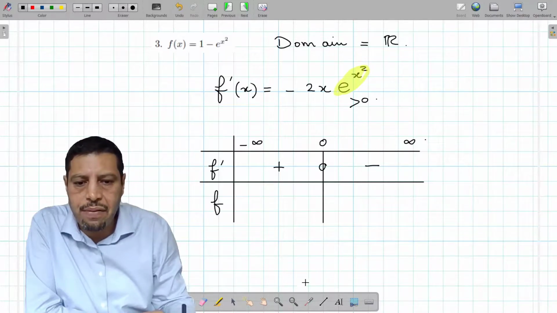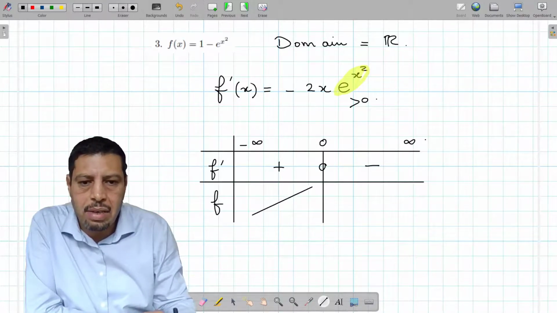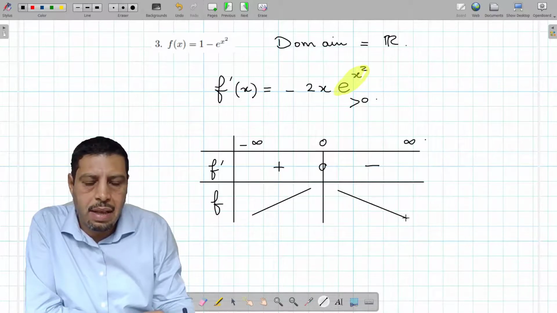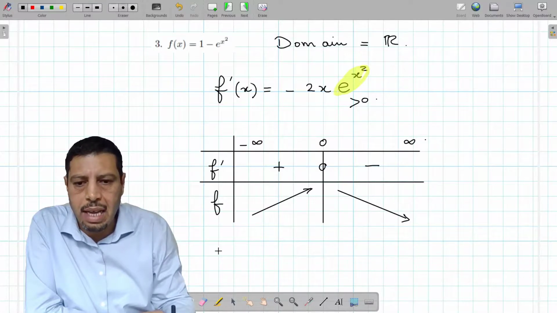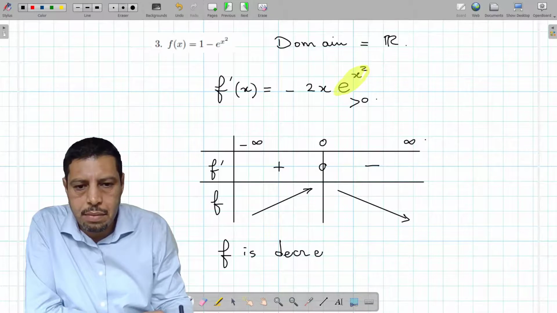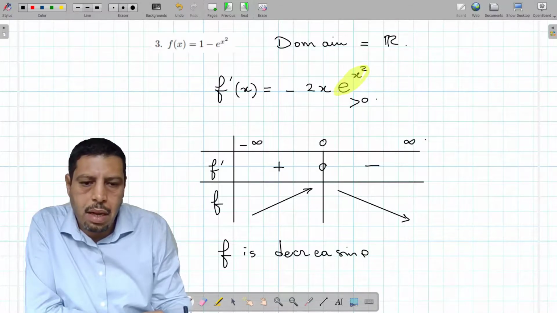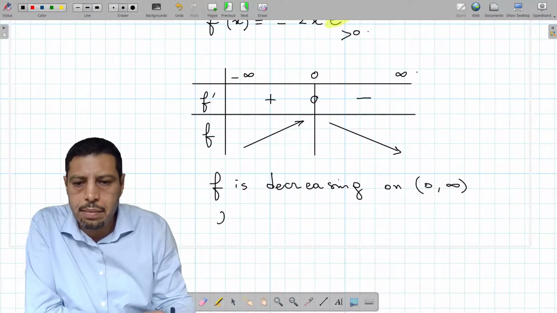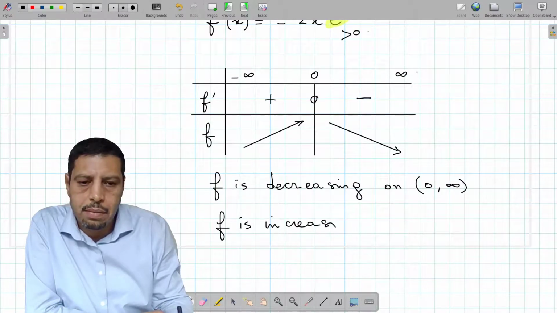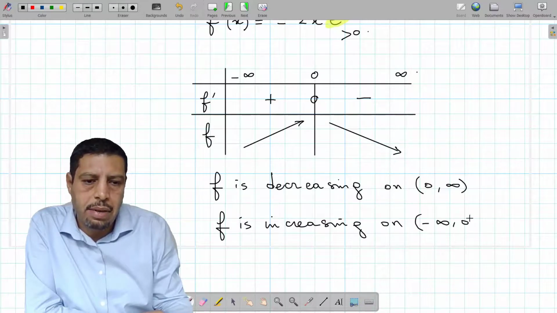So what happens for f? It's increasing here and then decreasing from 0 to infinity. So we're going to say that f is decreasing on 0, infinity, and f is increasing on negative infinity, 0.